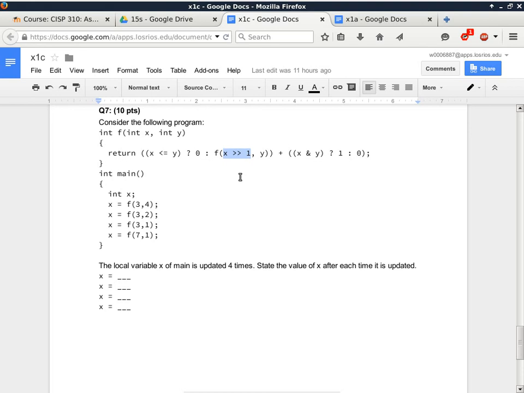It's because 3 right shift by 1 position is 1. So the answers will be slightly different. For this one, the first answer is 0.